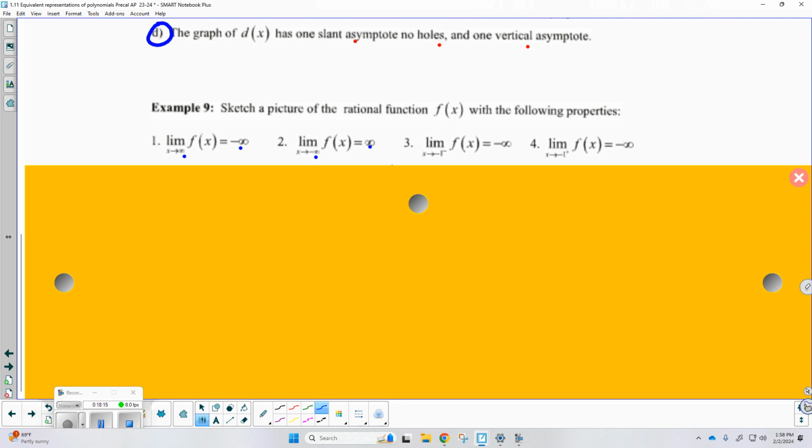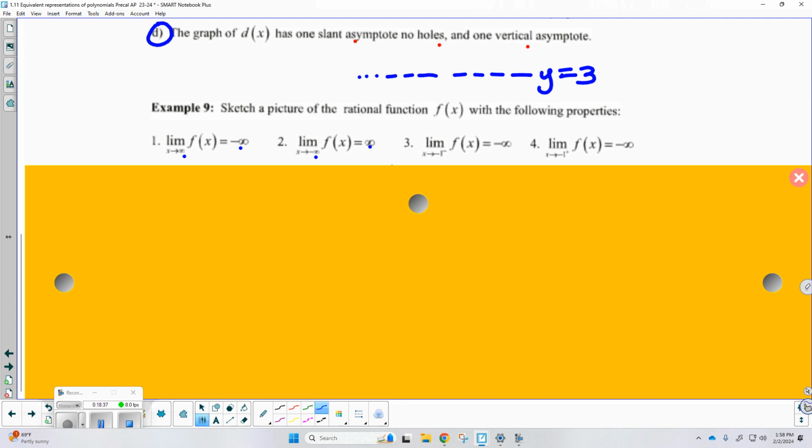Why couldn't it be describing a horizontal? Not the fact that they're opposite. Let's say we have a horizontal asymptote. Somebody give me a number. 3. Let's say that the horizontal asymptote is y equals 3.